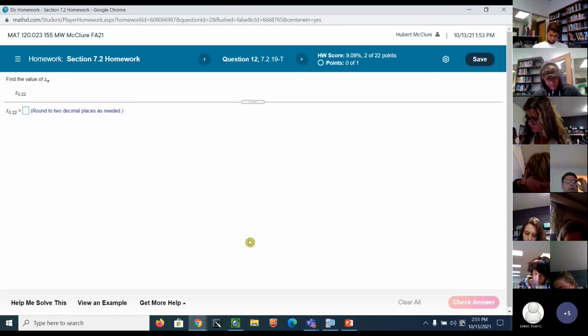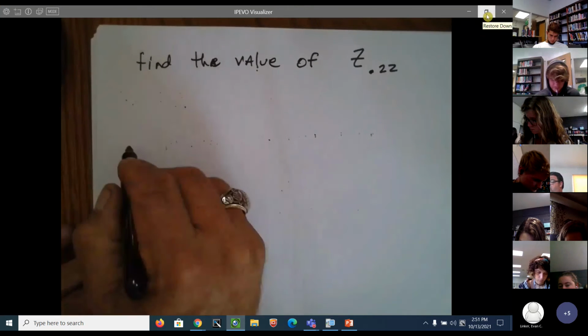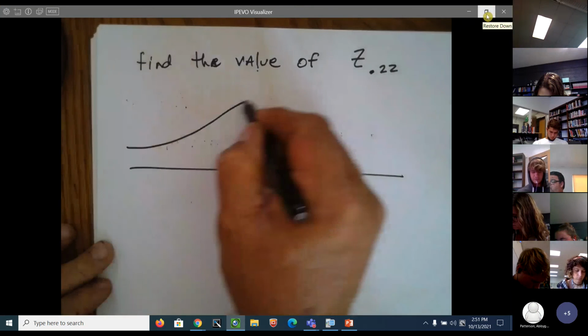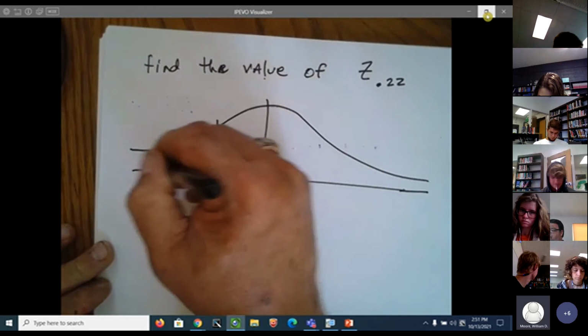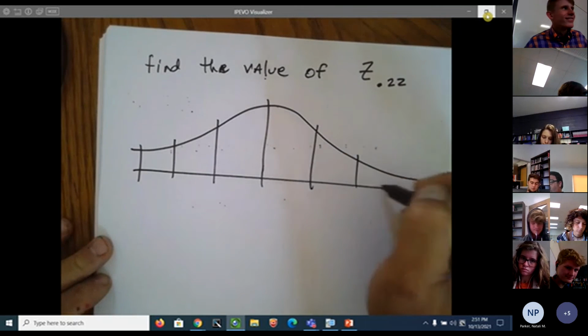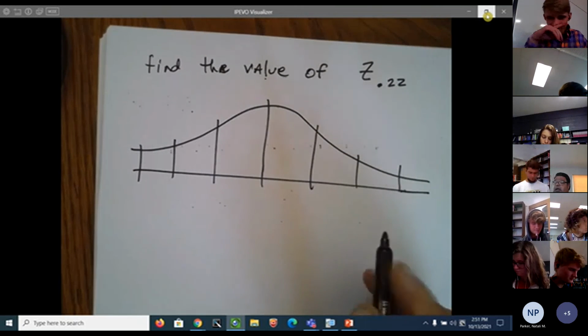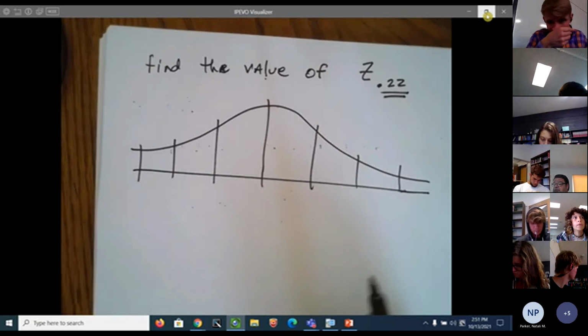Now, wait a minute. Hold on. You draw a picture of it. I'm not going to use one of my copies, but you would draw a picture of it. You're either going to see a Z sub 22 or a P of 22 or 0.22. When it's usually 2 digits, that usually means it's a z-score.